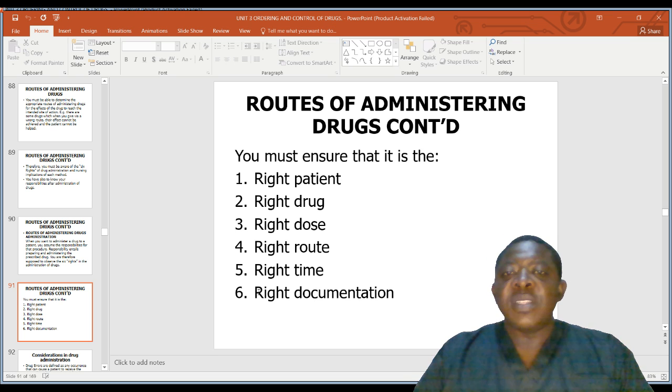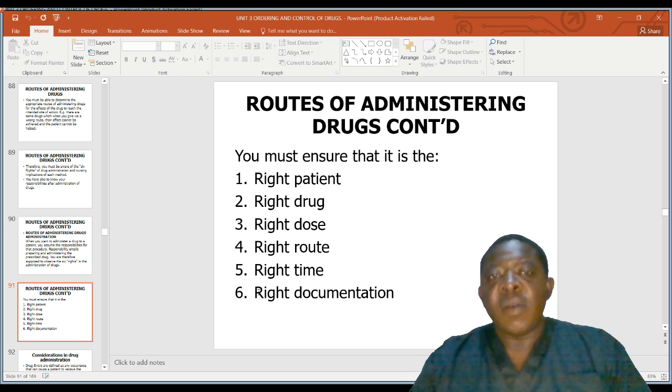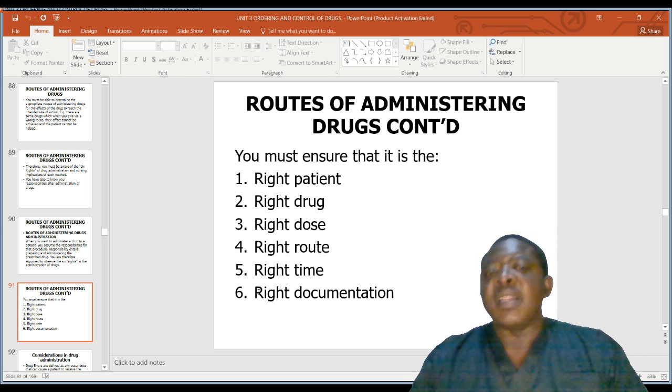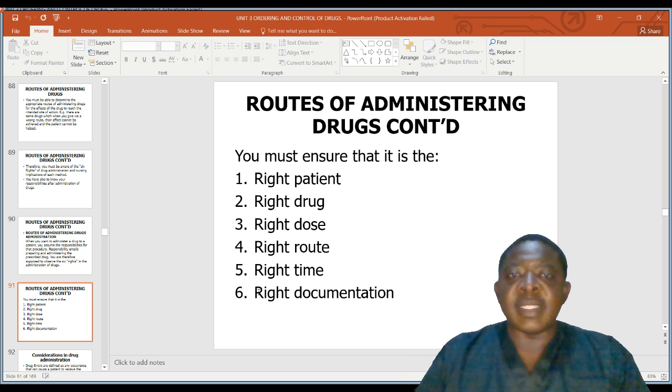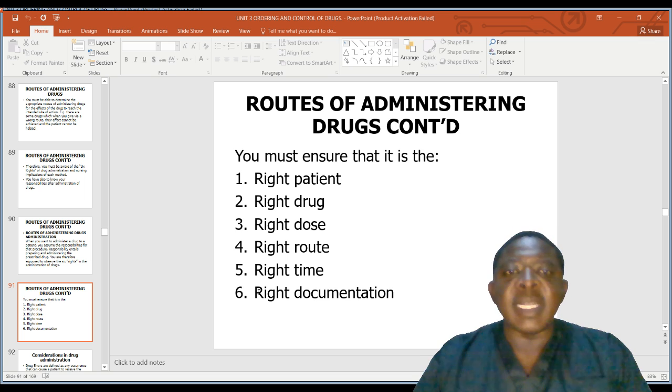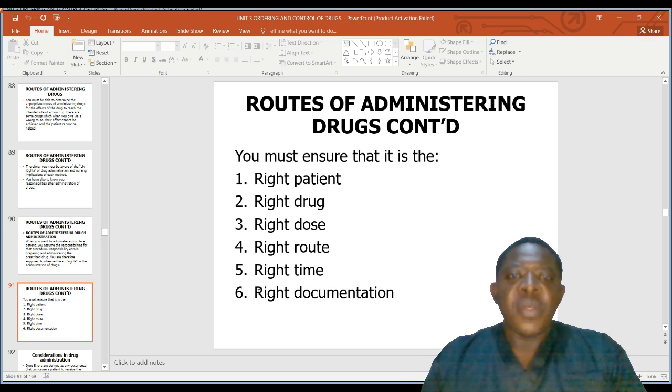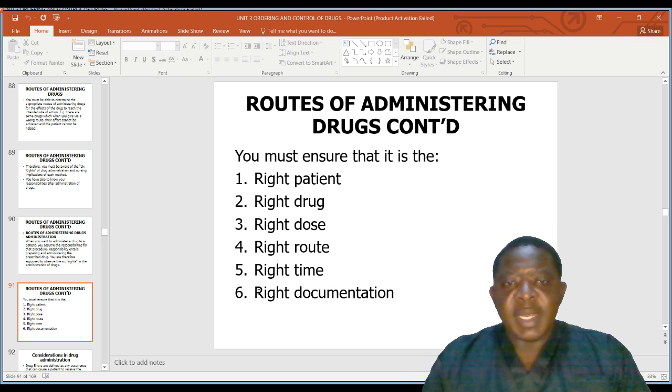So these are the six rights of drug administration. You must ensure that it is the right patient, the right drug, the right dose, the right route, the right time, and the right documentation. Okay, it should be the right patient.